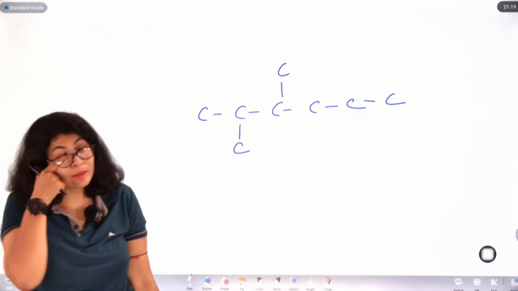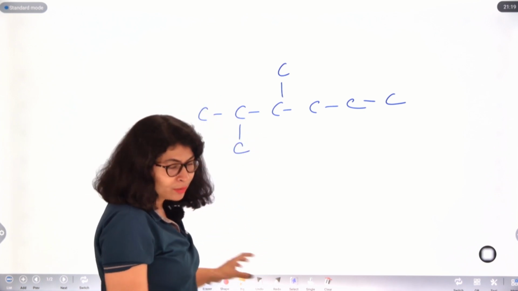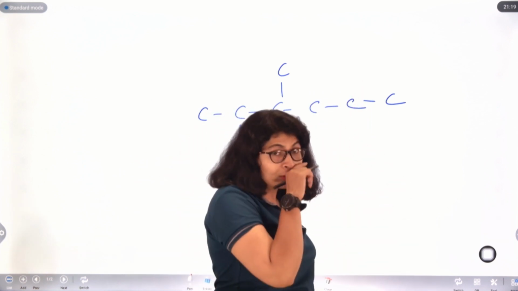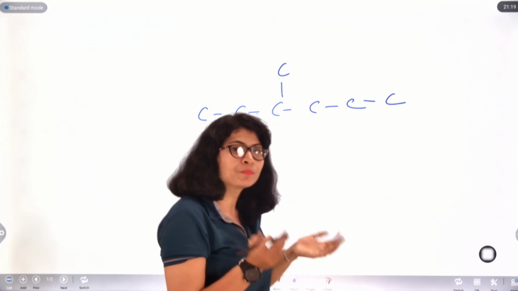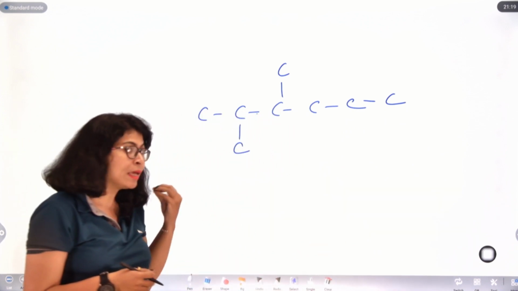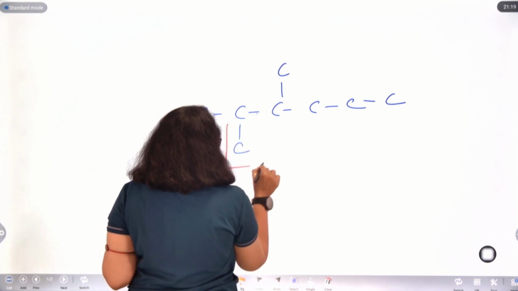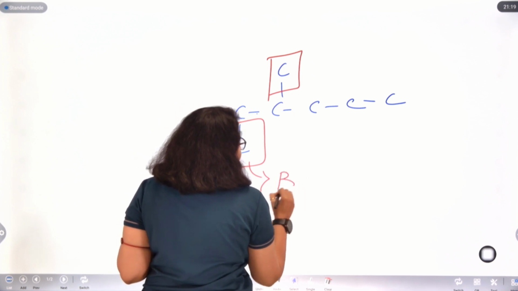I'm simply looking at the carbon skeleton. So in the previous case, it was a straight chain. What we had to do is simply number the carbon atoms arbitrarily from this side or that side, depending upon the lowest locant rule for the double bond. Here the same will be followed. These are particularly called branches.